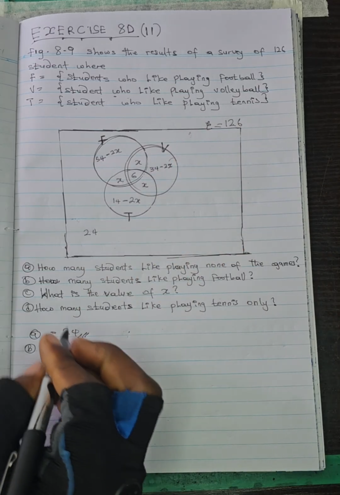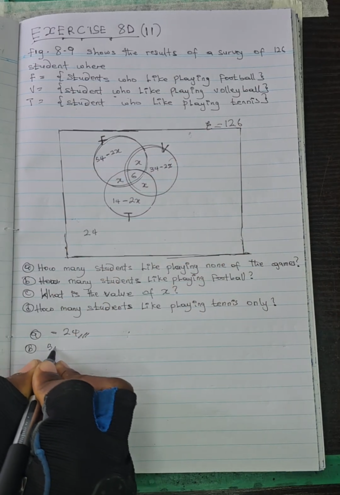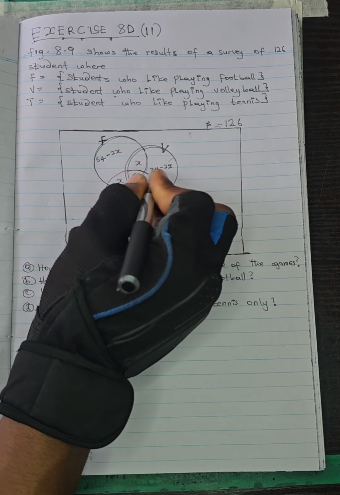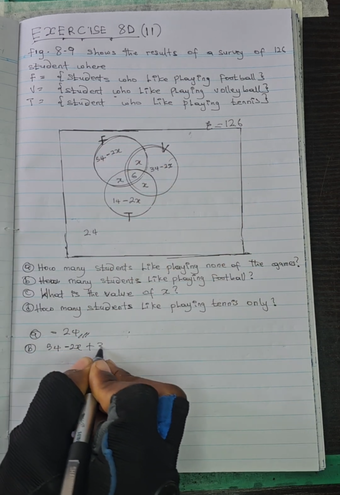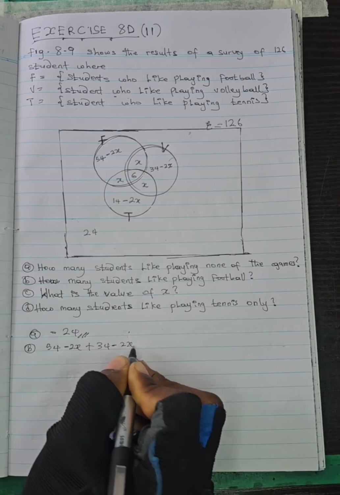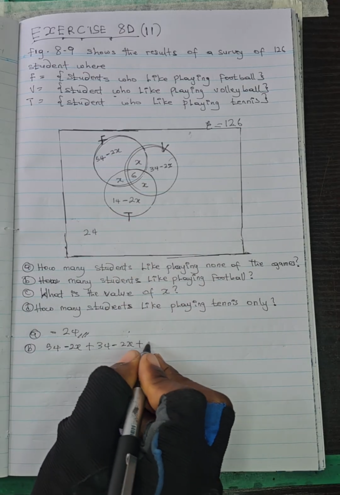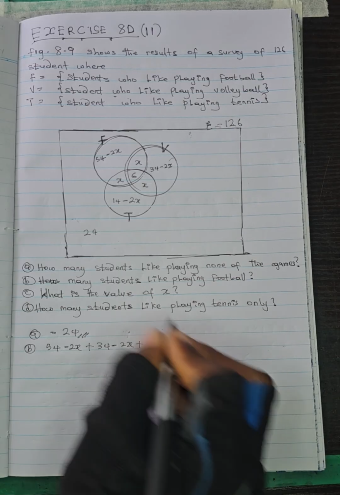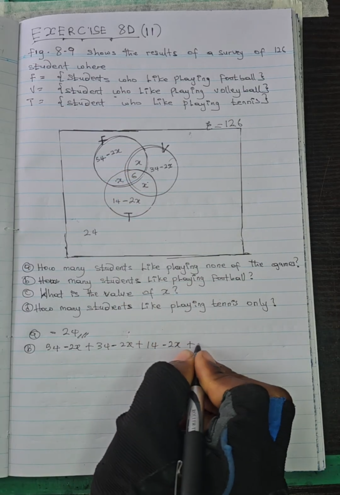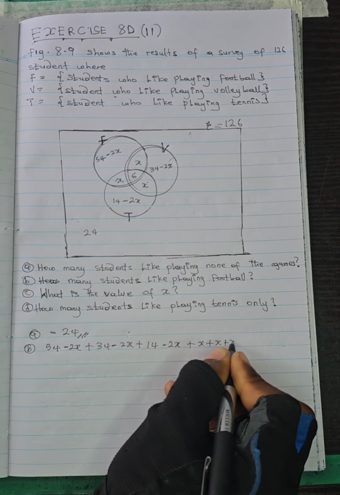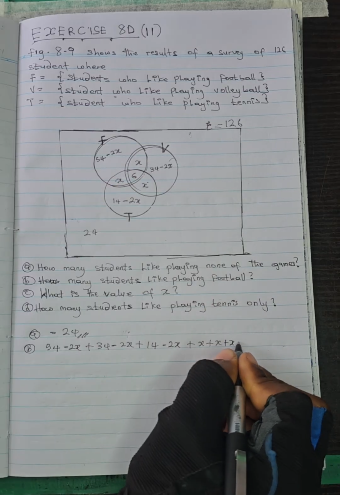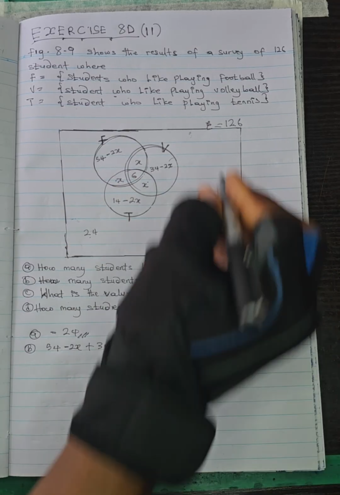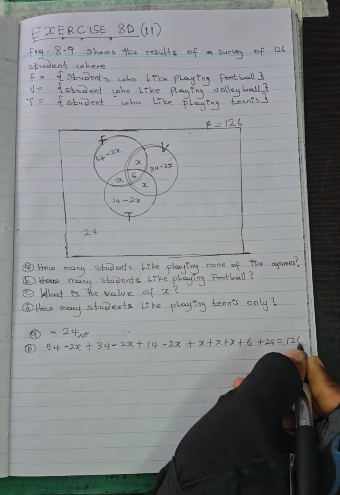So let's start. This 54 minus 2x, plus, let me solve the outer one first, plus 34 minus 2x plus 14 minus 2x plus, now I'm going towards the first intersection, x plus x plus x plus 6 plus this 24 out here should give us 126.